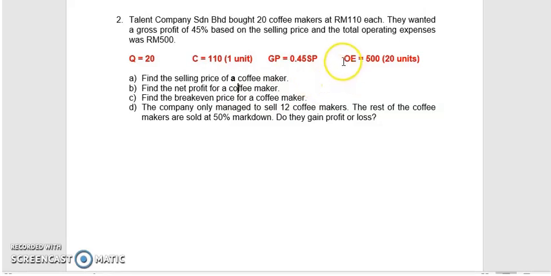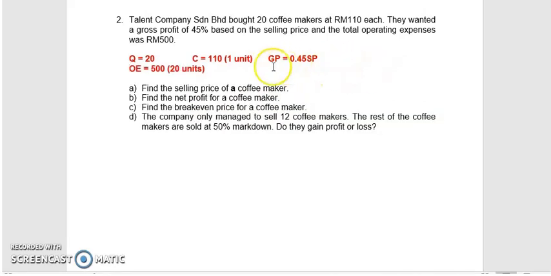Okay, so to issue, you calculate OE for 1 unit. So here you can divide it by 20. 500 divided by 20 is RM25. So this is for 1 unit. Okay, find the selling price of a coffee maker.